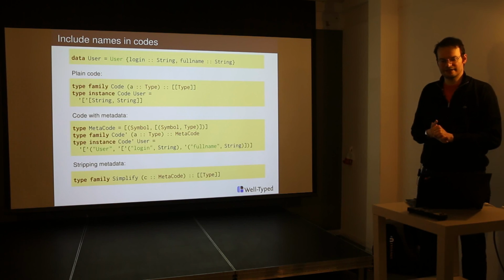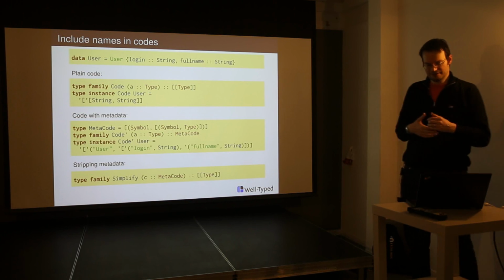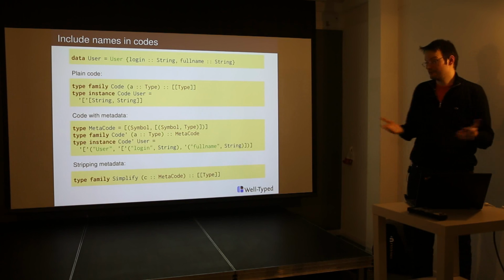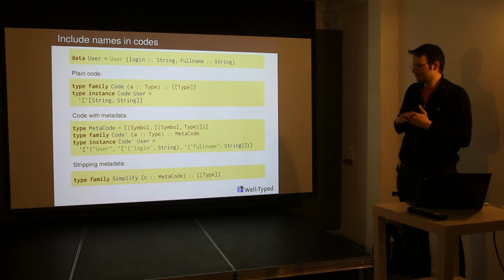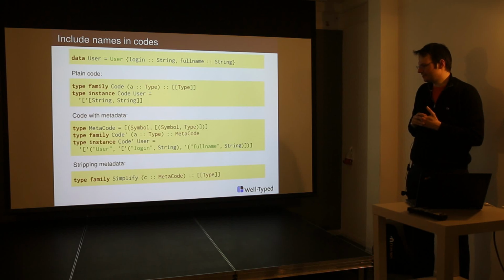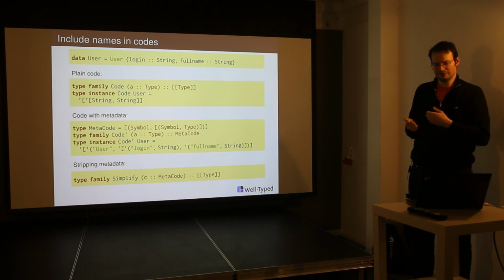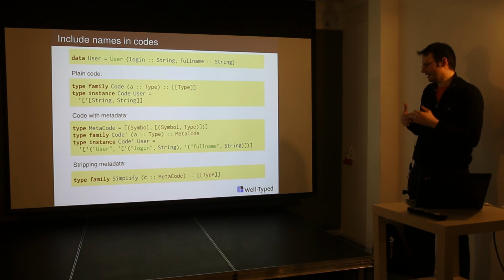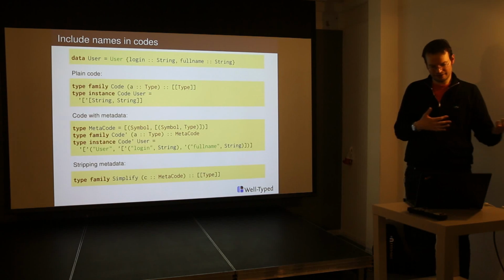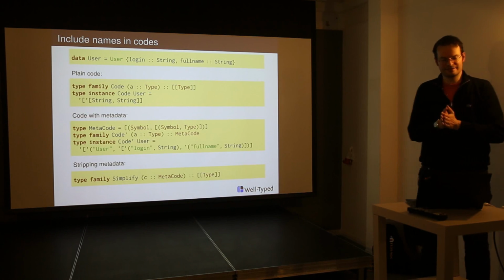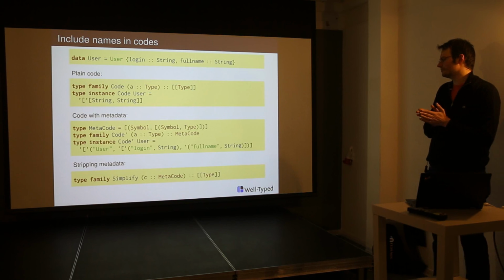So you can say that your generic programming library can actually derive something like a meta code for your data type, but then you also still have the code. And if you have a function that doesn't need any of the metadata, you can just work with the plain code. And if you have a situation like in the migration setting where you do want to work with the metadata, you can use it.